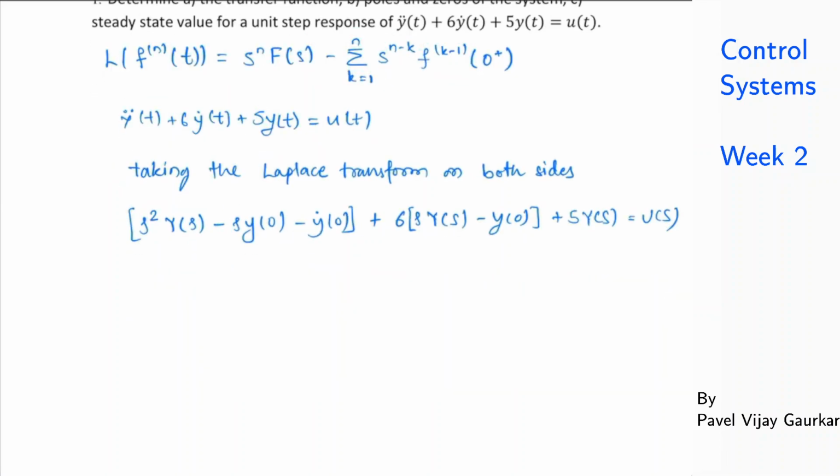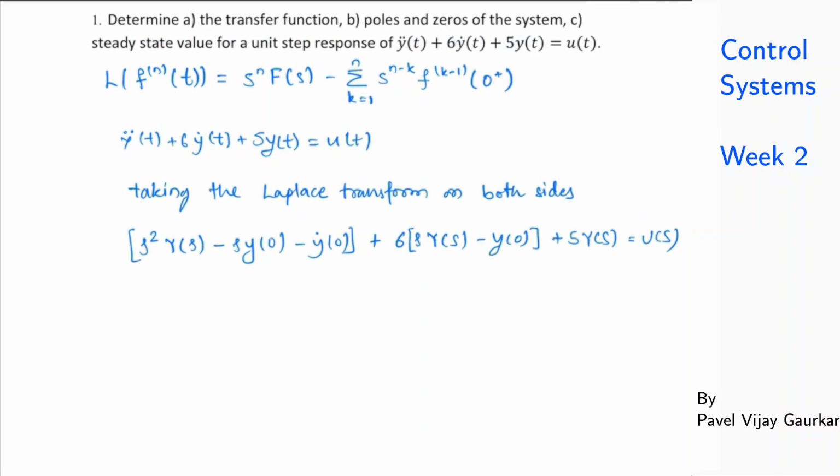Now we will substitute zero initial conditions, as that is the prerequisite for the definition of transfer function. That's how we define transfer function. So y(0) is 0 and y dot(0) is 0.